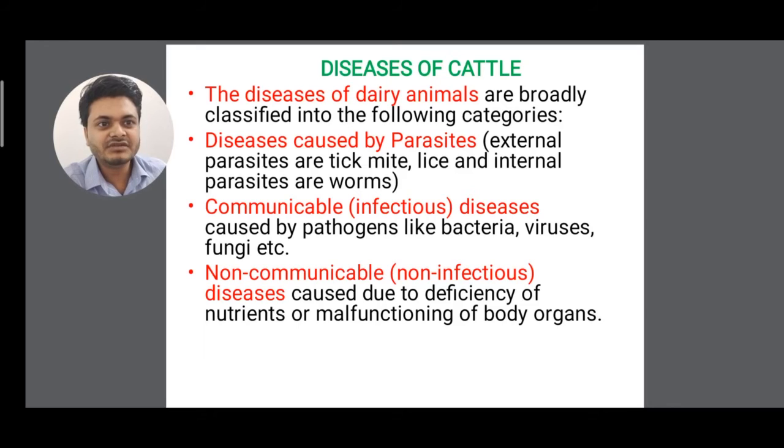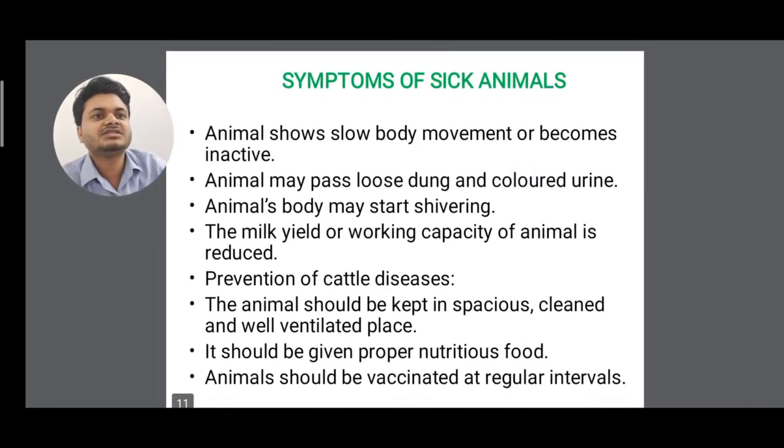Next is communicable or infectious diseases. These are caused by pathogens like bacteria, viruses, and fungi. Non-communicable or non-infectious diseases are caused by deficiency of nutrients or malfunctioning of body organs. Now, what are the symptoms of sick animals? How can we know that this particular animal is sick?